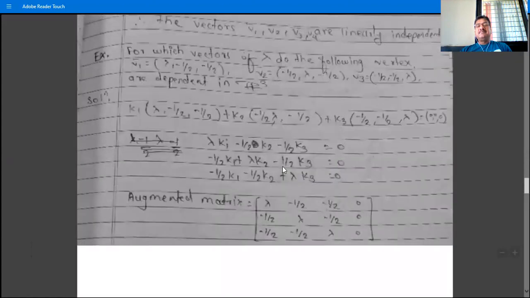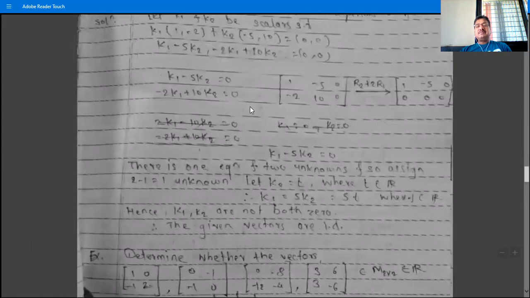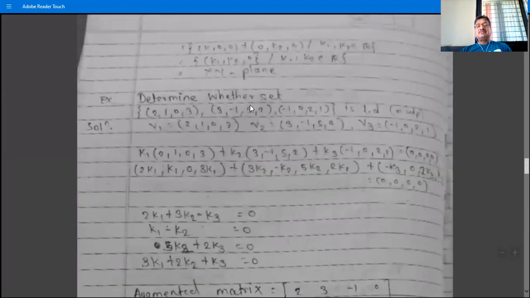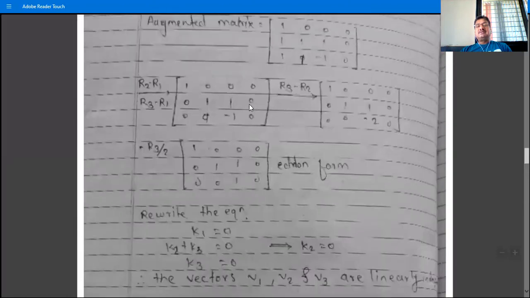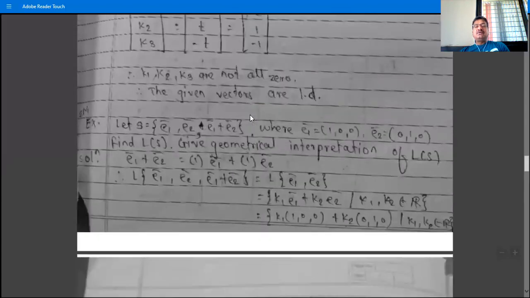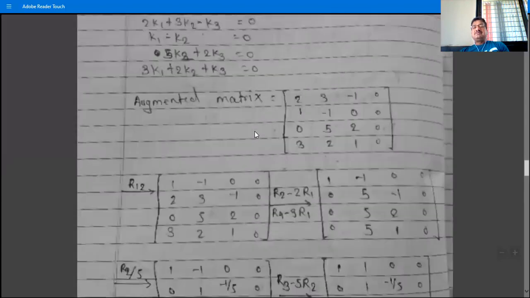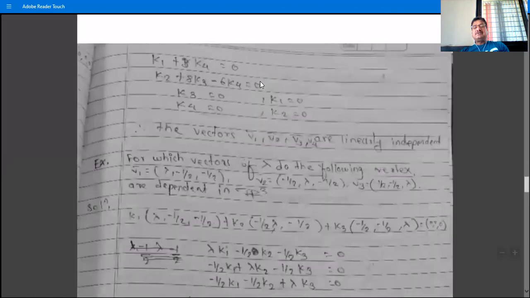Here if you observe this example, these are examples of R3, R4, or the vector space may be the set of matrices M2 by 2 R, or P2, that is the set of all polynomials of degree less than or equal to 2. So these are the elements of M2 by 2 R. So the procedure for all examples is the same.